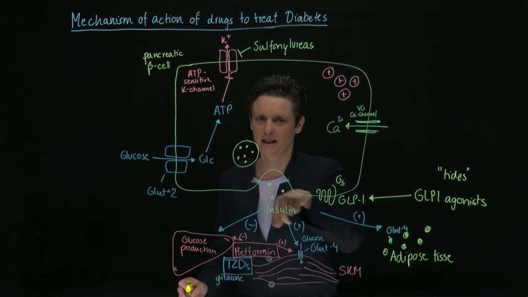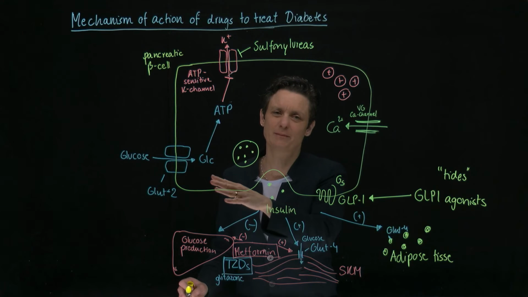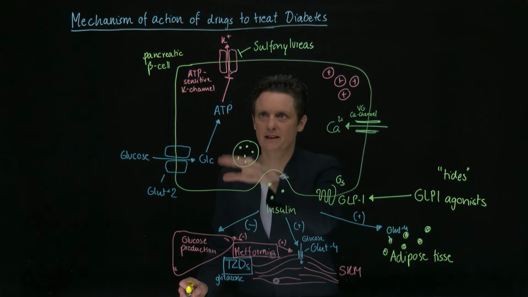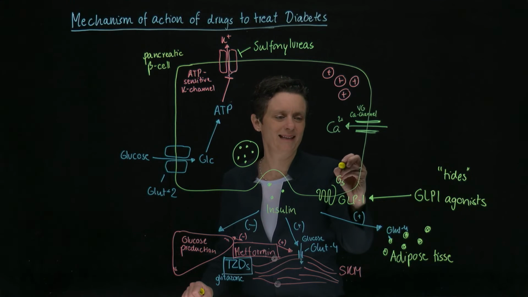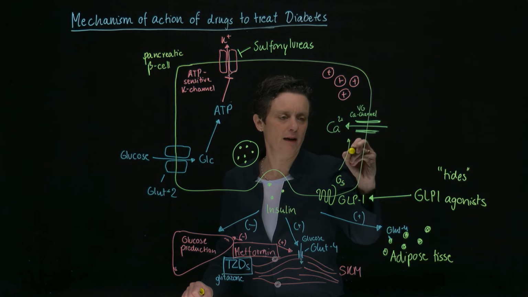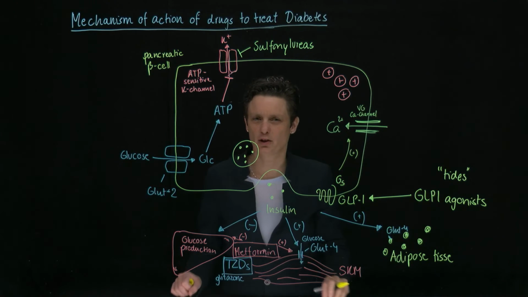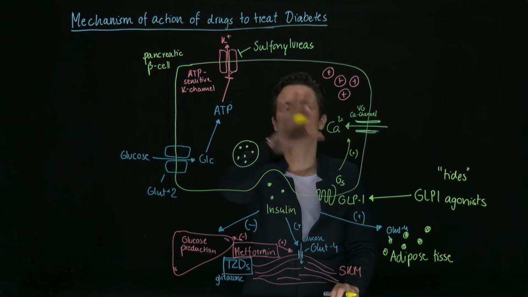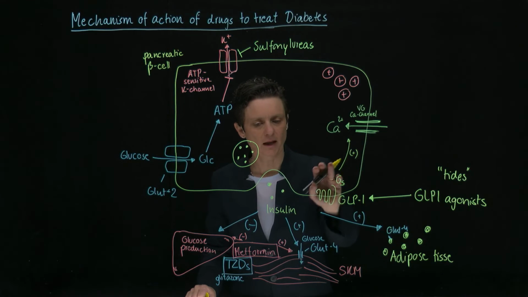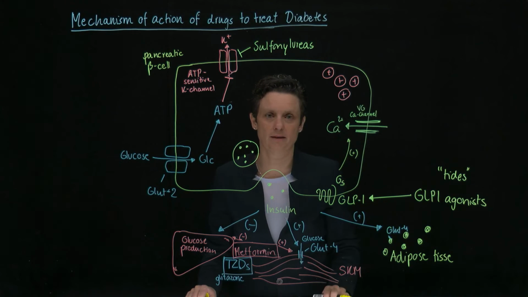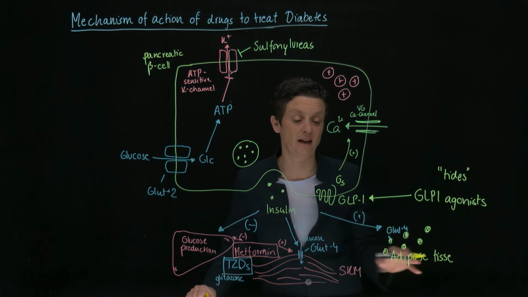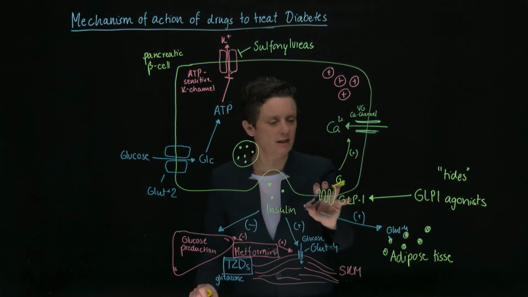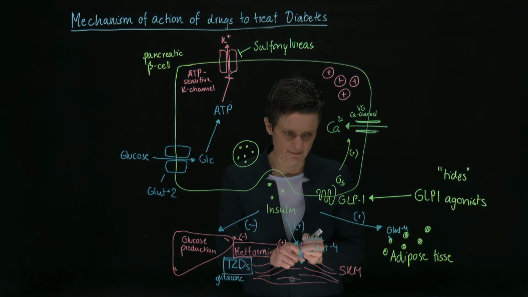This doesn't mean it is independent of glucose, and that's going to be very important when we are discussing differences between these drugs, because it just makes this open up better, but not independent of any glucose. And then we're also going to get increased insulin release, in addition to many other things they do. So these are the GLP-1 agonists.